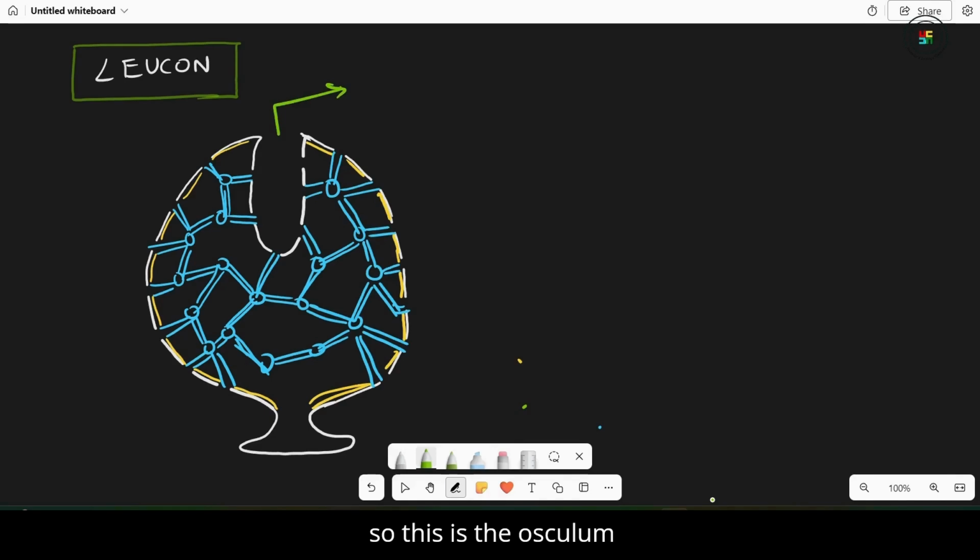So this is the osculum. Spongocoel. Spongocoel is reduced, right? Pinacocyte.